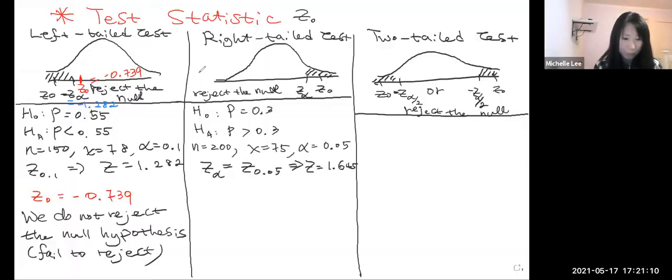So this will be Z naught equal to 2.315.